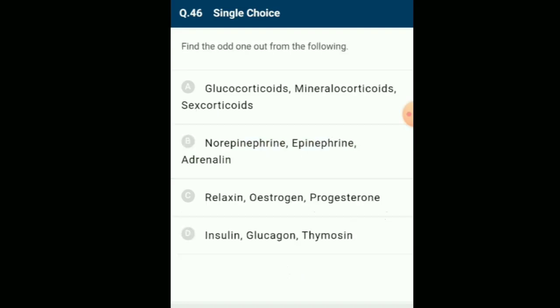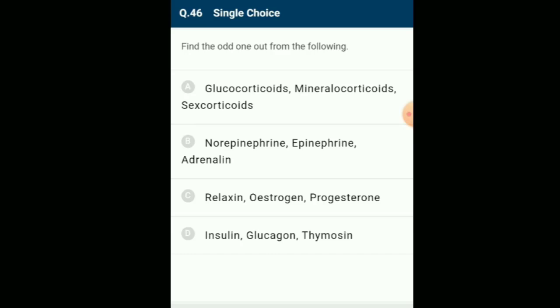Number 46. Find the odd one out from the following. Glucocorticoids, mineralocorticoids, and sex corticoids are hormones of the adrenal cortex of the adrenal gland. Noradrenaline or norepinephrine and epinephrine or adrenaline are hormones of the adrenal medulla of the adrenal gland.